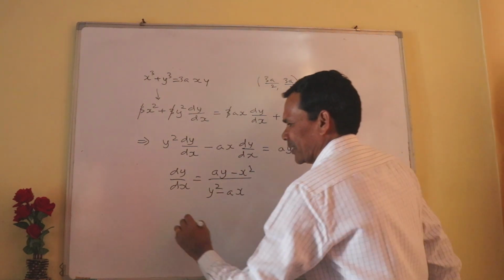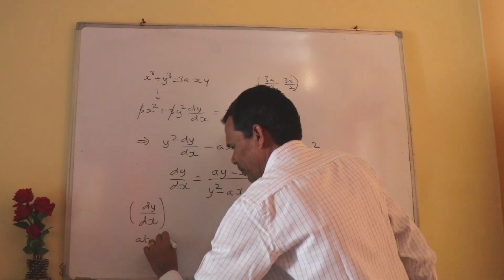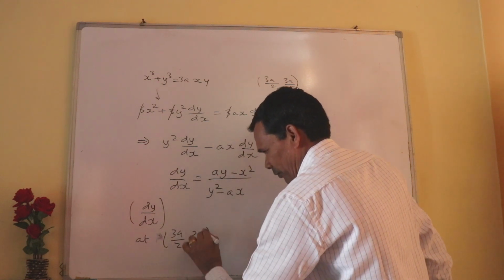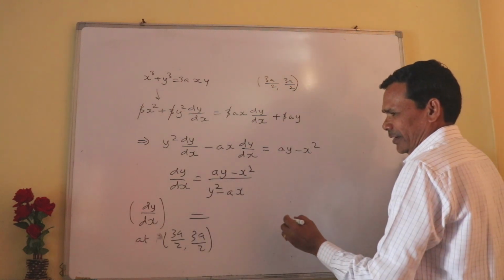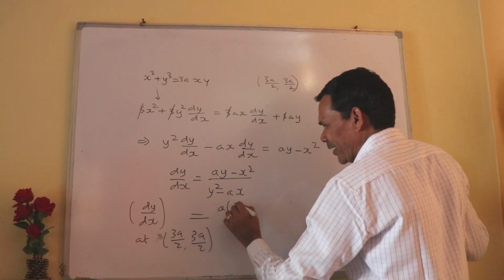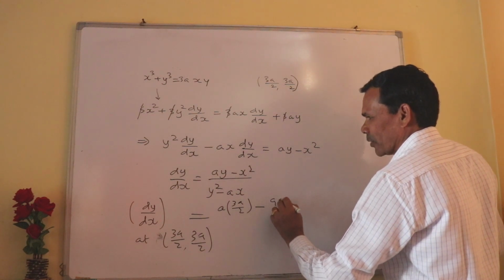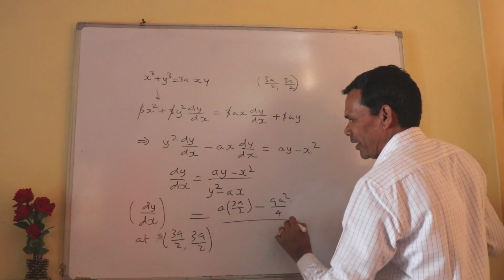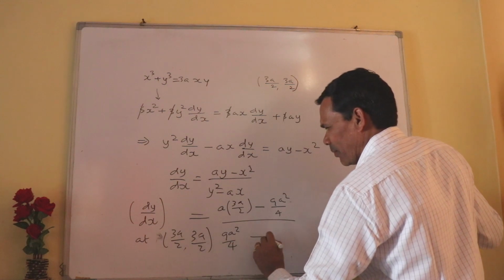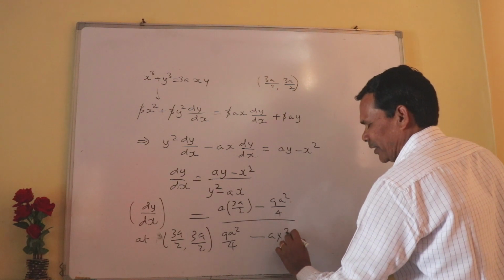So we find out dy by dx at this particular point P, say 3a by 2, 3a by 2. If you work this out, you are getting a times 3a by 2 minus x square, it is 9a square divided by 4, divided by y square, it is again 9a square divided by 4, minus a into x, it is 3a by 2.